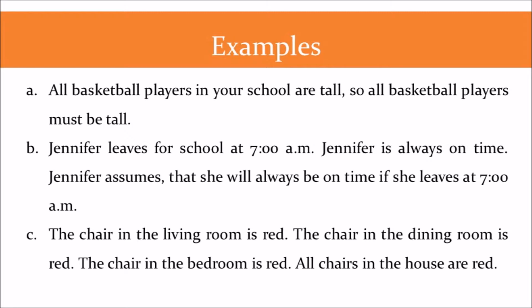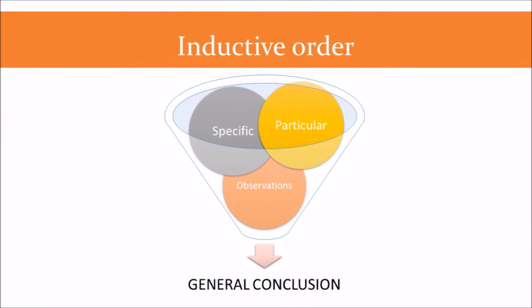The chair in the bedroom is red. All chairs in the house are red. In these examples, it's also the same. The particulars are presented first, which leads us to a generalization. So the main idea of inductive order refers to making specific or particular observations which together build towards a more broad general conclusion.